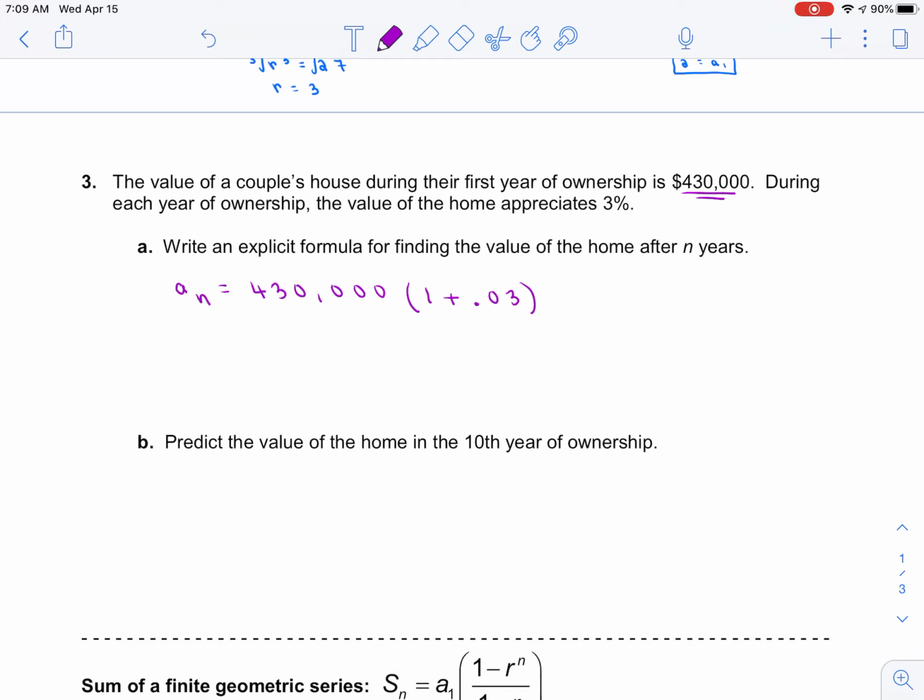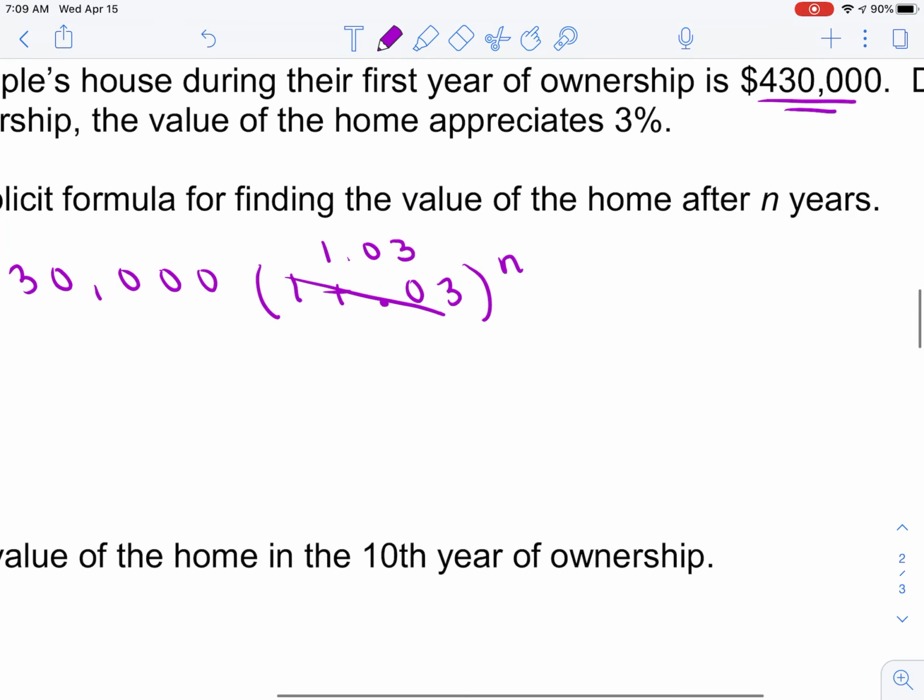But think about how it actually, during the first year, is 430,000. If I put just n here, and you can also simplify this as 1.03, if I fill in a 1 for n, that's not going to give me the first year. That's actually going to take the 430,000 and multiply it by 1.03. We don't want to do that until the second year, so I have to put that n minus 1.